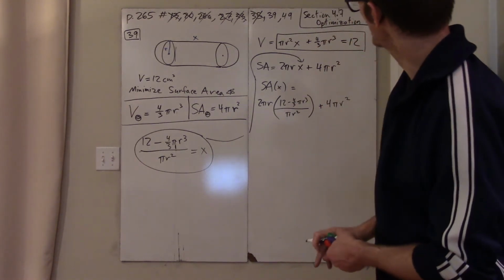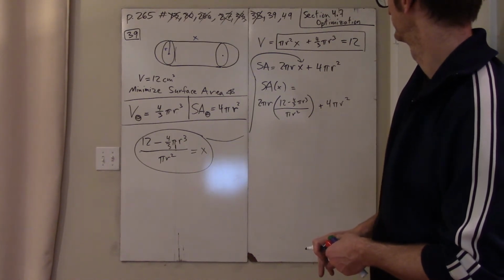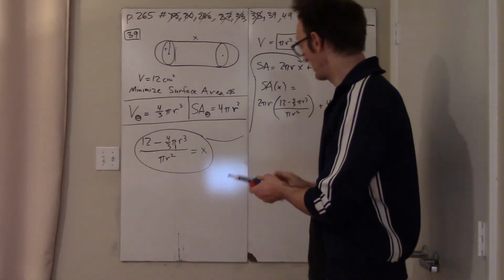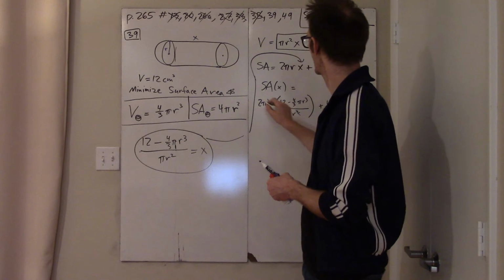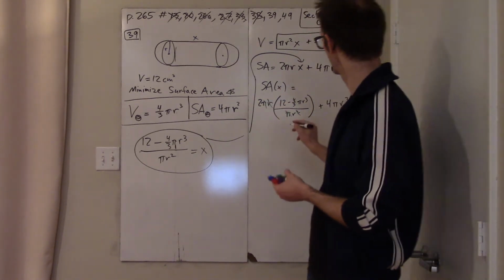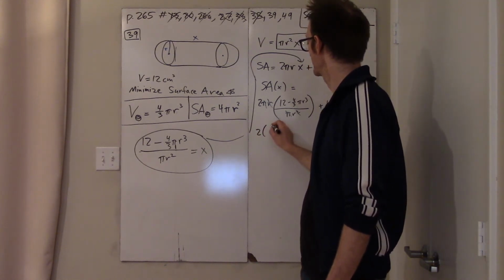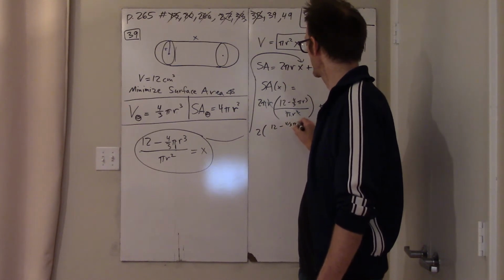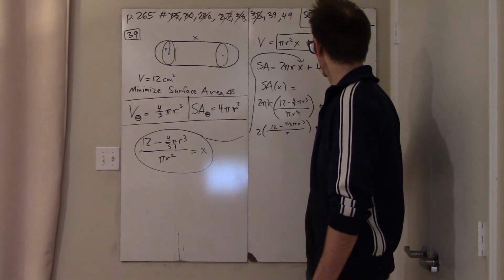And I guess there's some cancellation here. Blech. Okay, well, just keep on going. The r's cancel, the pi's cancel, and I'm left with 2 times 12 minus 4/3 pi r cubed all over r, plus 4 pi r squared.